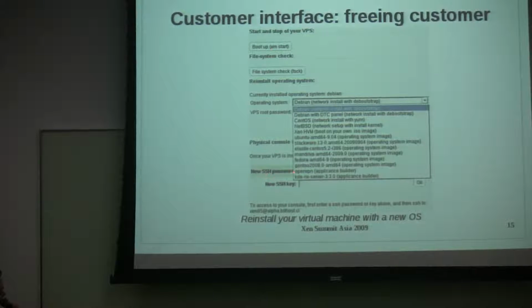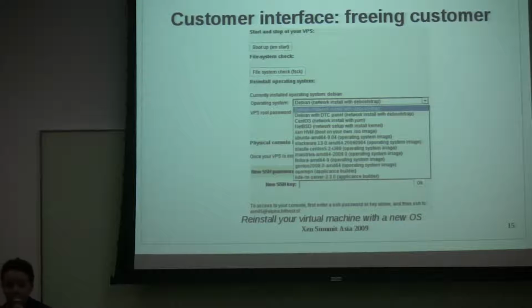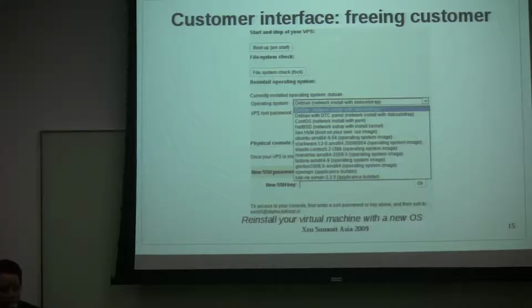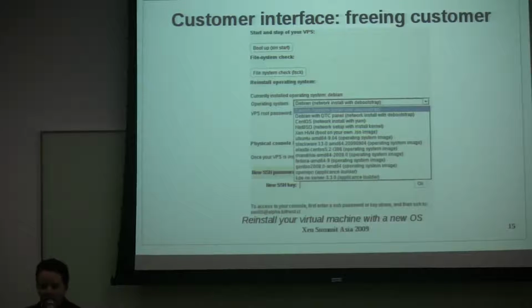And here you can set up your SSH password and SSH key. This is not the root password of your VPS, okay? This is in order to use the physical console of the VPS itself, the TTY, what you have when you do xm console.